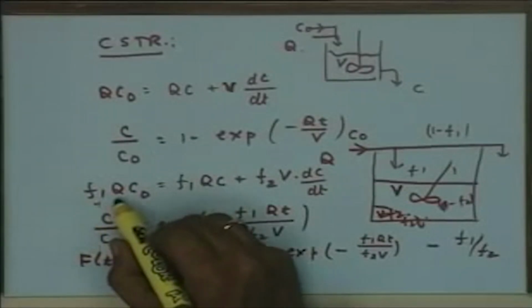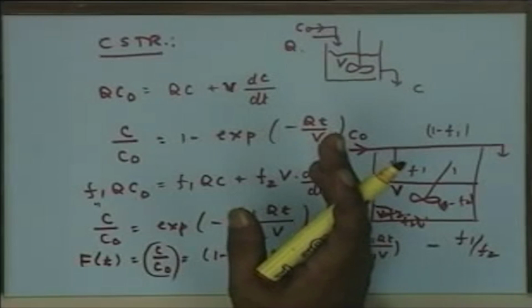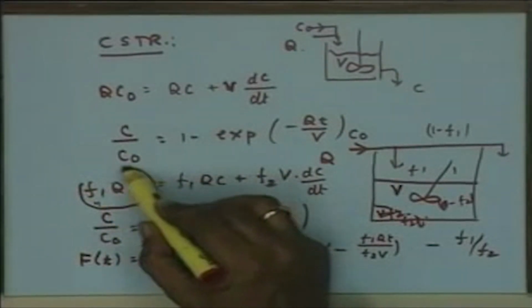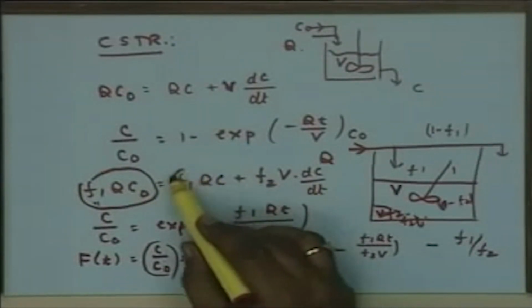The input to the reactor is only F1Q, the other part, 1 minus F1, is not going to the reactor.